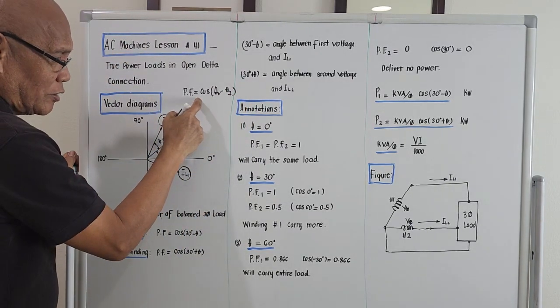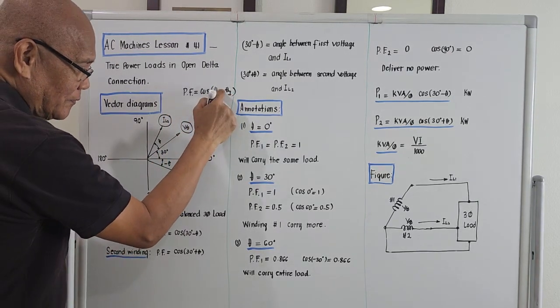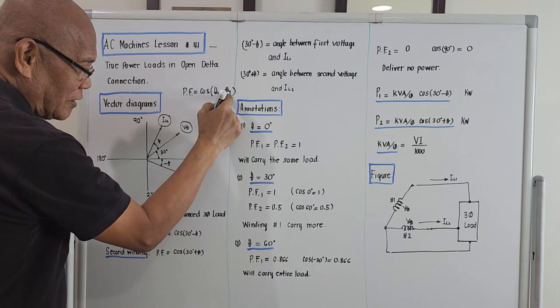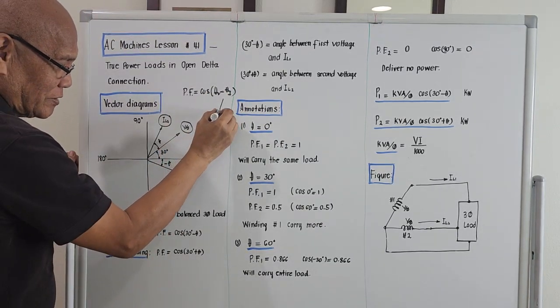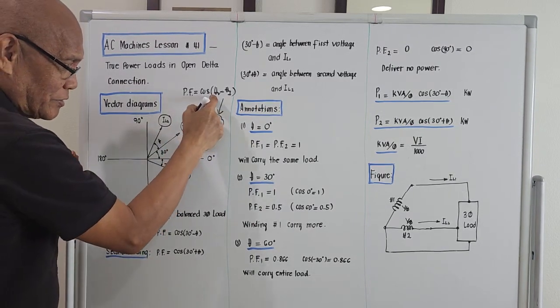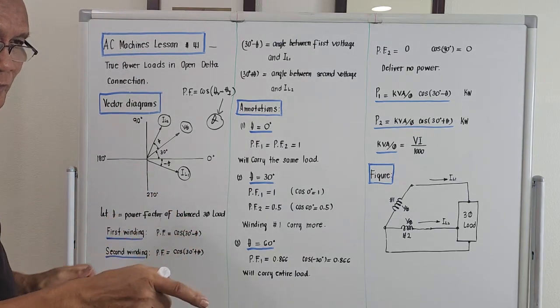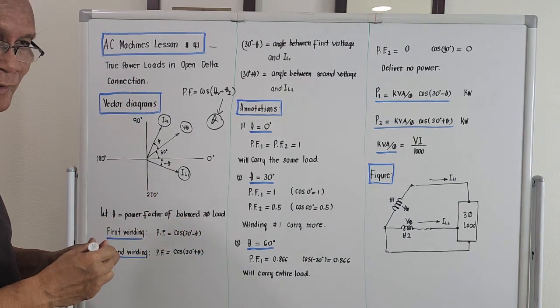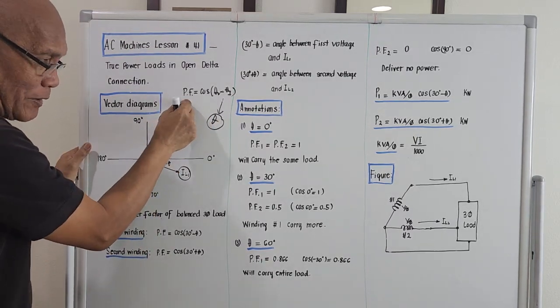It is the cosine of the angle of the voltage minus the angle of the current, meaning this is the angle between the voltage and current. That is one of the definitions of power factor under the study of AC circuits. So we will be using this concept to compute our power factor.